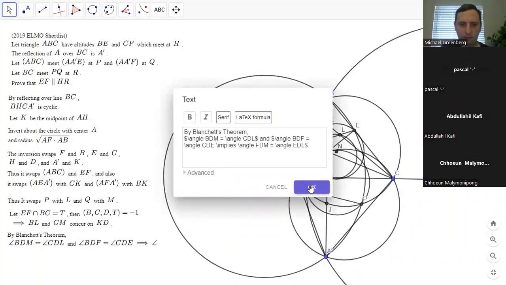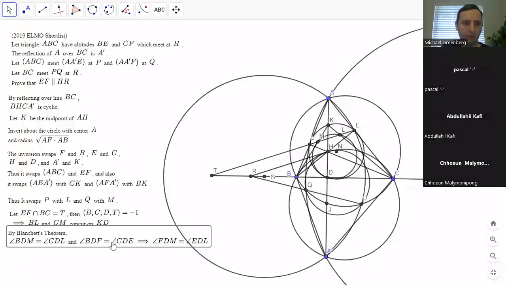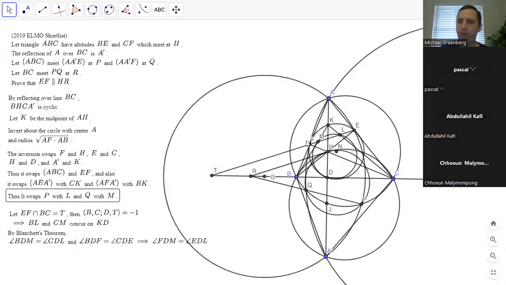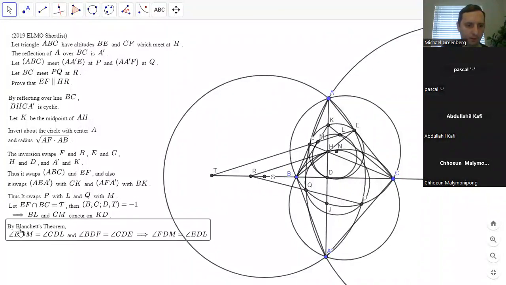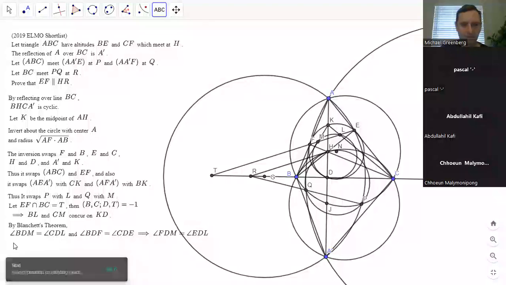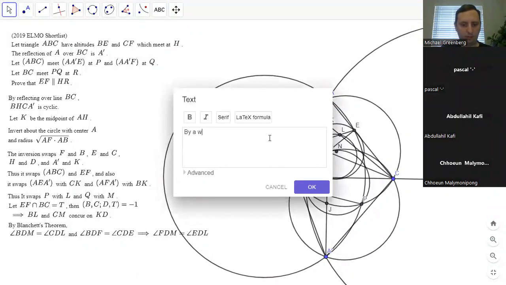All right. And that means that the two circles are tangent by a certain lemma. So I don't know if you guys have seen that lemma, but if FDM equals EDL, then these two circles are tangent. By a well-known lemma, this implies the circles FDE and MDL are tangent.